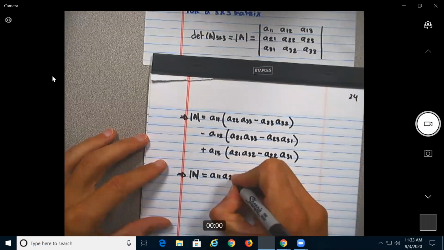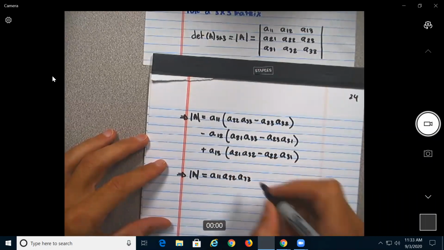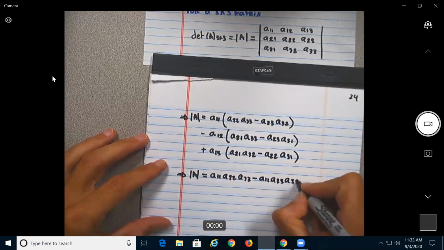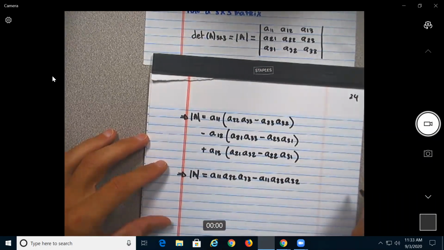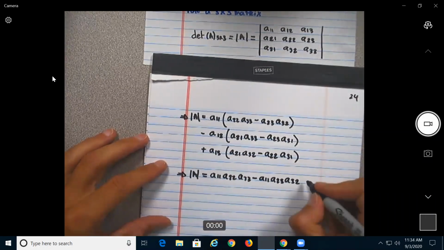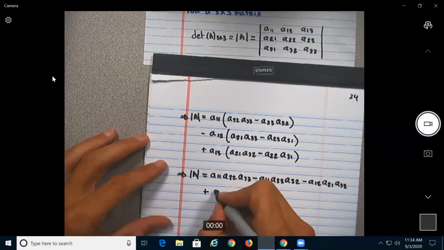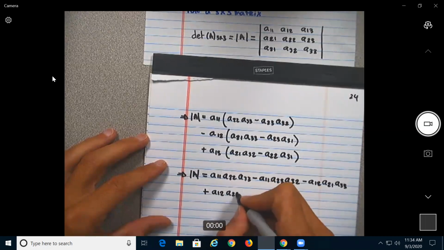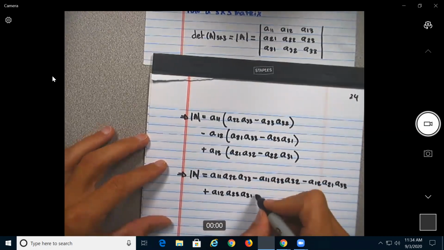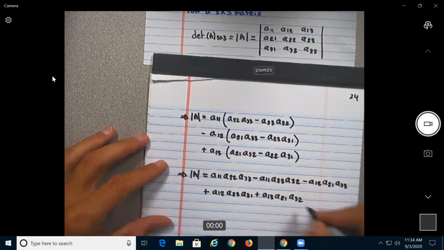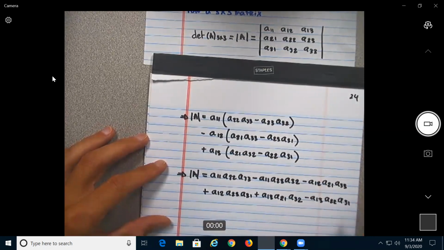A11, A22, A33 minus A11, A23, A32 minus A12, A21, A33 plus A12, A23, A31 plus A13, A21, A32 minus A13, A22, A31.